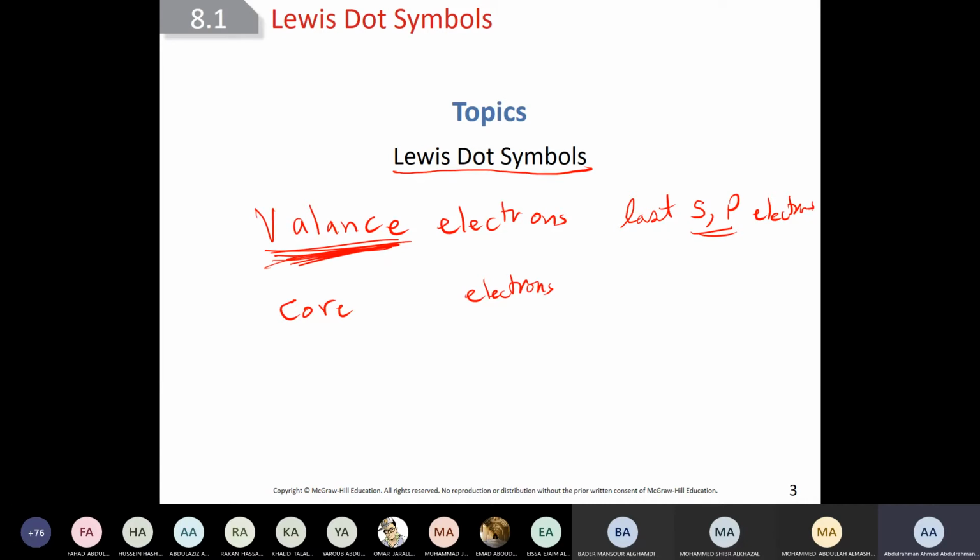Valence. Okay, where is your periodic table? Do you have your periodic table with you? Can you put the number of valence electrons in the groups? You remember that?